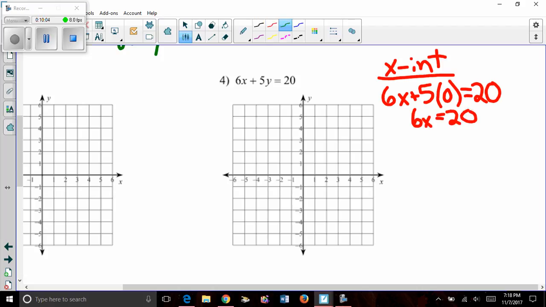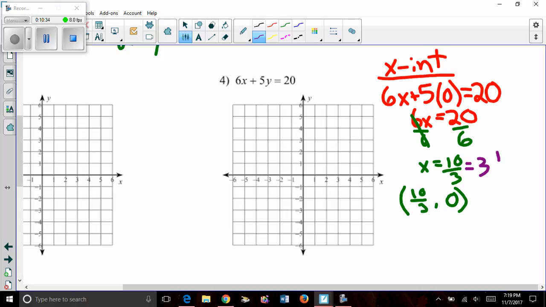And then I'm going to divide by 6. This is where I said we get that fraction. X equals, let's go ahead and reduce 20 over 6. We can divide them both by 2, 10 over 3. So we have an intercept at 10/3, comma 0. To make this a little easier, let's actually look at this as 3 1/3, giving me a point somewhere like right there.